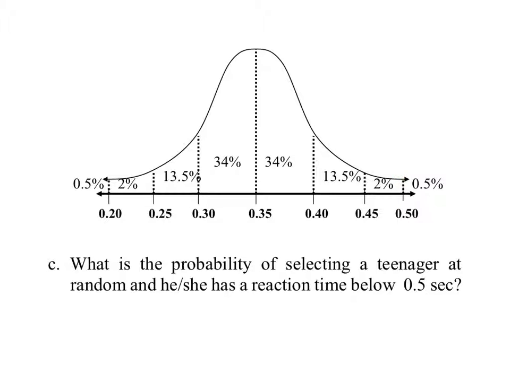So below really means all the percent except for the 0.5. So basically that's the same as saying 100 minus the 0.5%, which means 99.5% of teens have reaction times below 0.5 seconds.